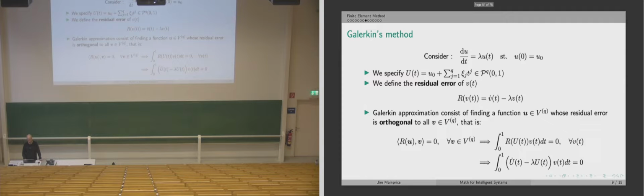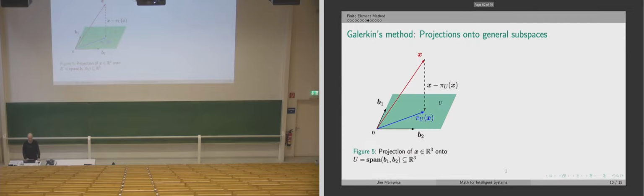And if we replace here our residual error by the actual definition of the residual error, we have our functional definition for our problem. A little bit of an intuition of why we write that down.